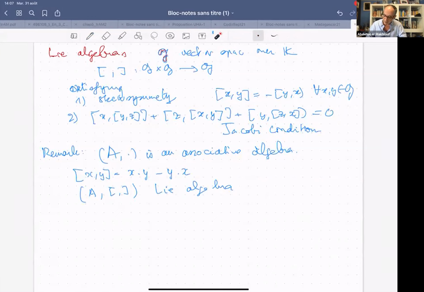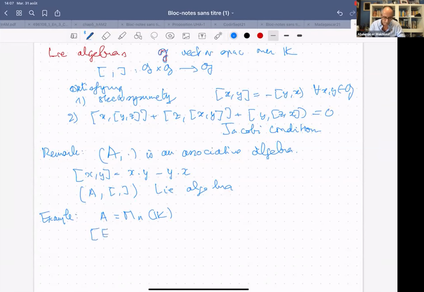For example, matrices, or some types of matrices, which formally are an associative algebra, could provide examples of Lie algebra. If you consider, for example, n by n matrices over K, this is a non-commutative algebra, of course, and you can construct a bracket by taking the commutator.